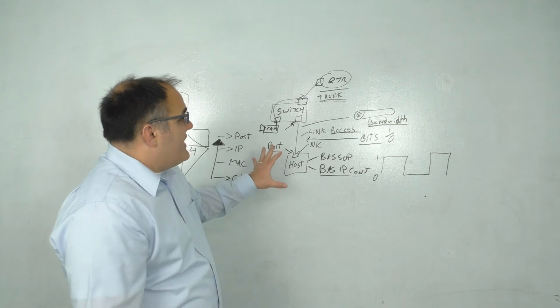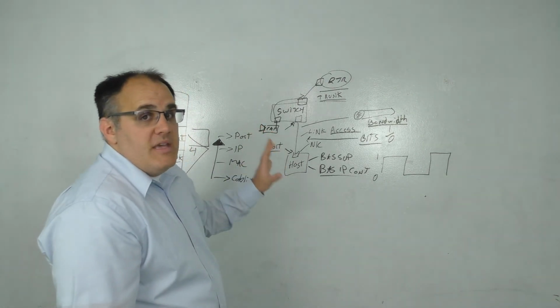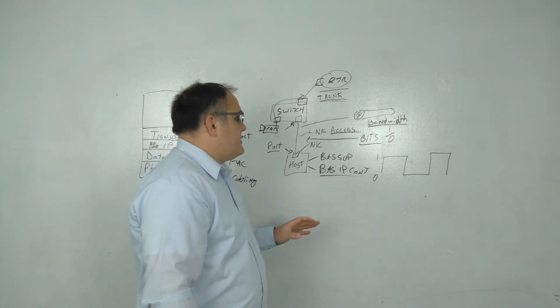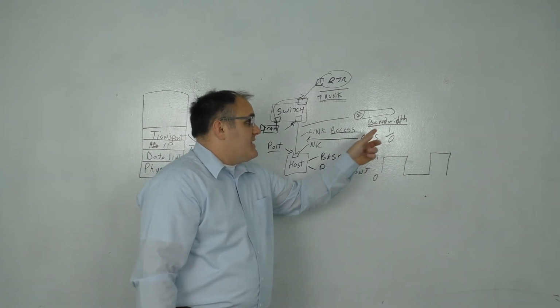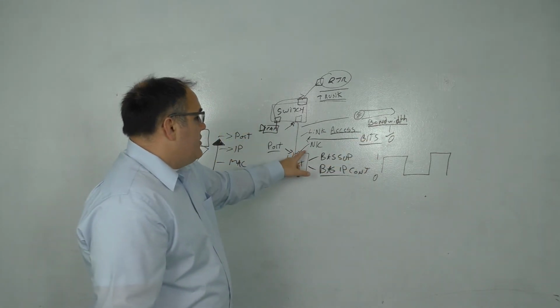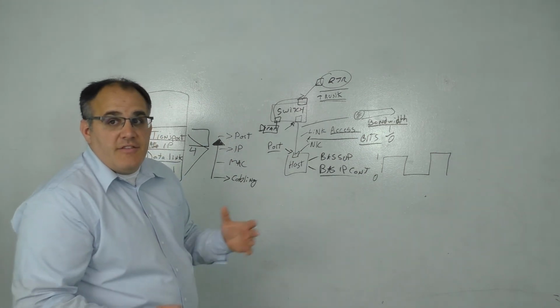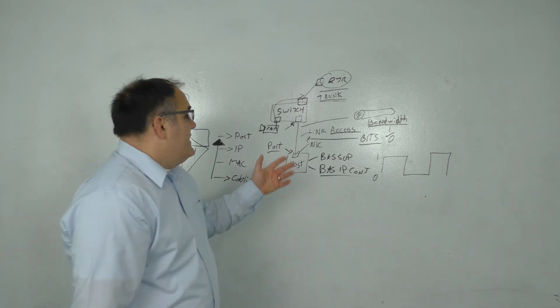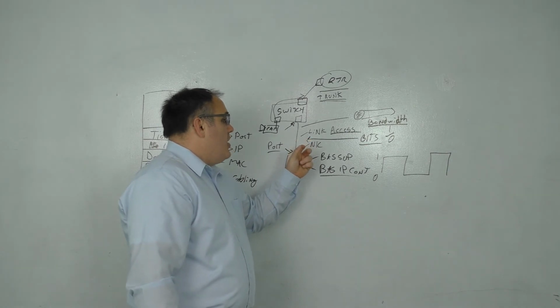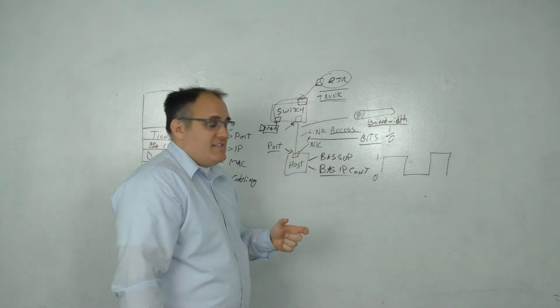But these are all things I want you to be aware of just from a physical perspective: that we have bits, that we have bandwidth, that we communicate through physical ports, which a lot of people mix up with application ports. And our ports are connected to what is called an access link.